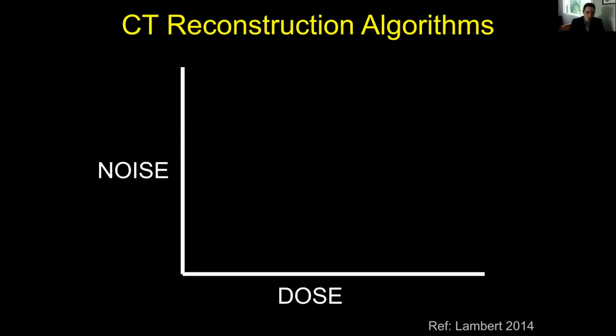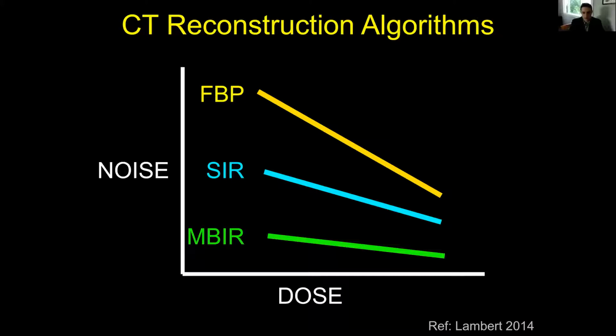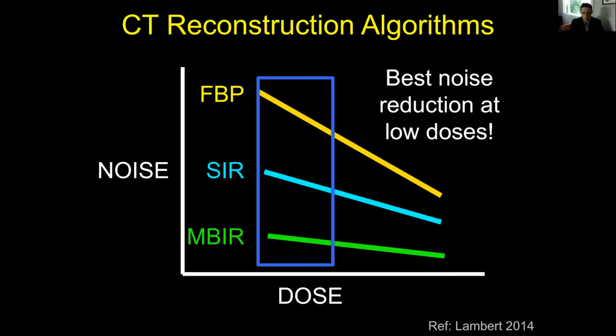In terms of noise versus dose, the more dose you have, the less noise you have, and that will apply to all the reconstruction methods. The hotter the scan, the prettier the pictures. Now, you can see that depending on your reconstruction method, you still have that same phenomenon. Higher dose, prettier pictures. But notice, at the low doses, there's a huge difference in noise.